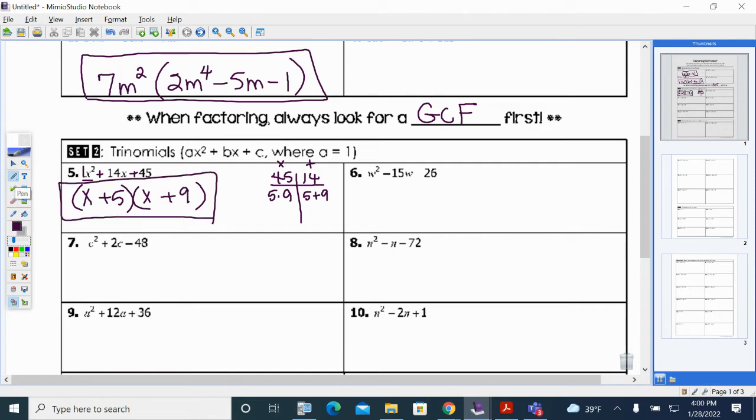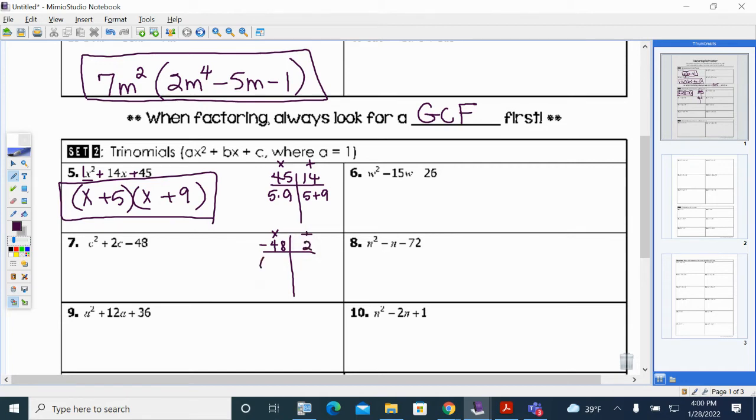Let's do another one. Number 7 says c squared plus 2c minus 48. Again, the leading coefficient here is a 1, and there is no GCF in this trinomial. So I'm looking for two numbers that multiply to give me a negative 48, that add to give me a positive 2.